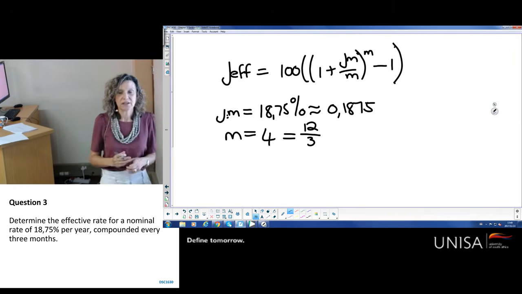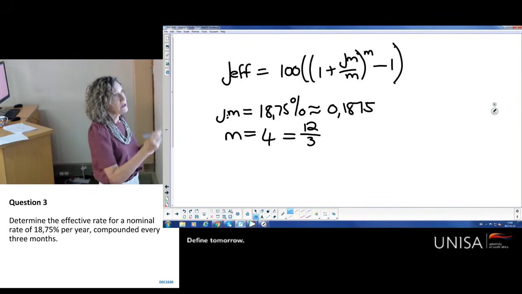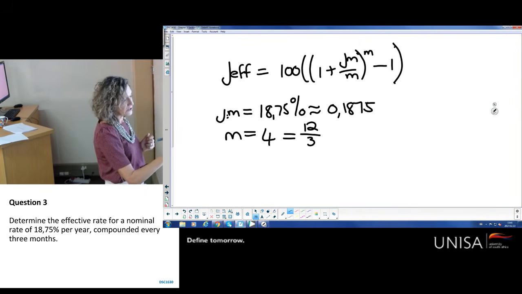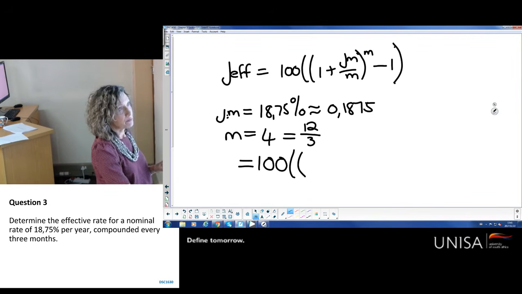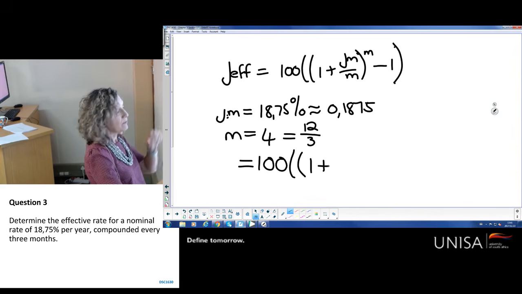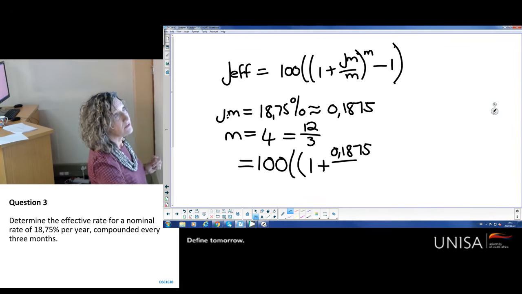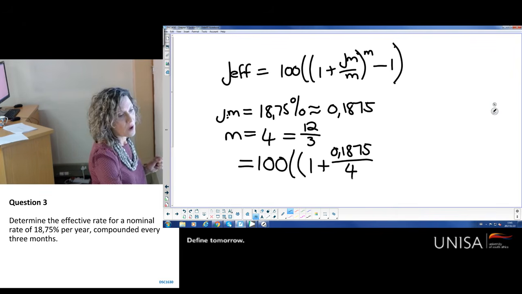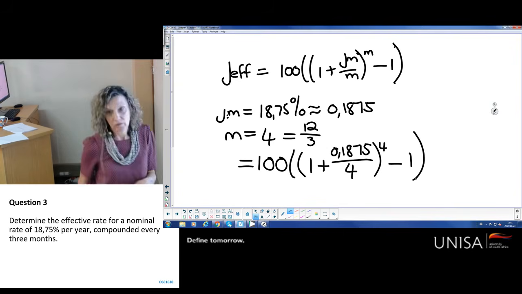So actually it's nothing else than compounded quarterly. Right, so now we can substitute it into our formula. 100 gives us the percentage. JM is 0.1875 divided by our M, and that is 4, to the power of 4, minus 1.